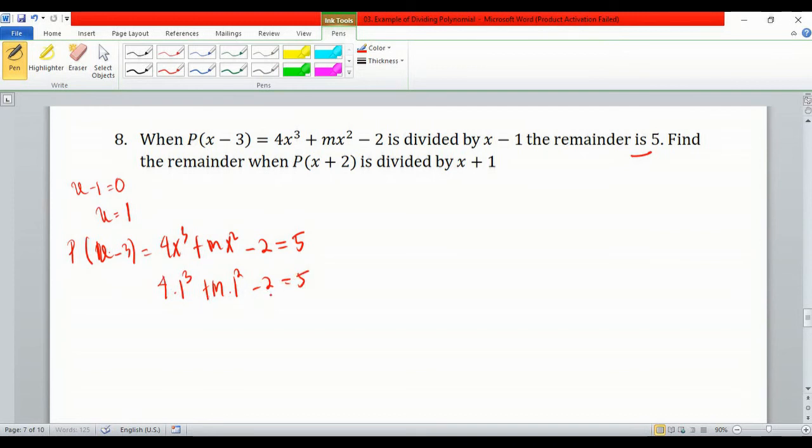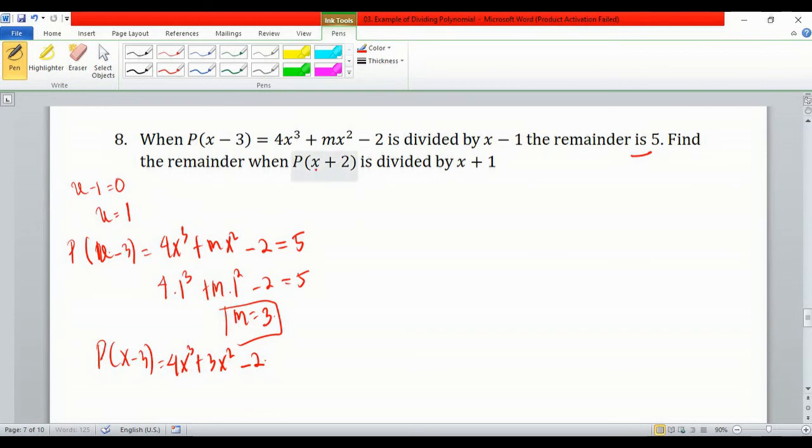So 4 minus 2 is 2. So m equals 3, right? So you get m equal to 3. So you will get p(x) minus 3 is equal to 4x power 3 plus 3x squared minus 2.